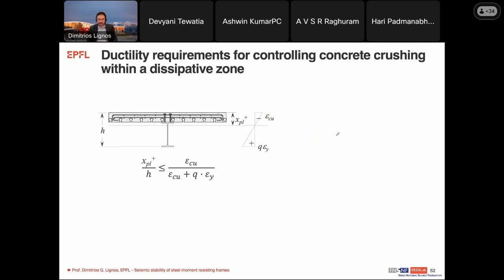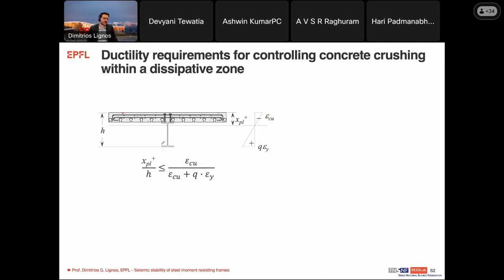Another issue, for those of you who may be experienced with the Eurocode, is that when you design a composite steel beam, you have to be a little careful with preventing crushing of the concrete.